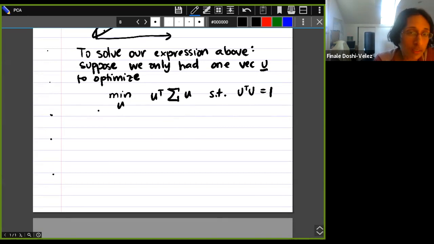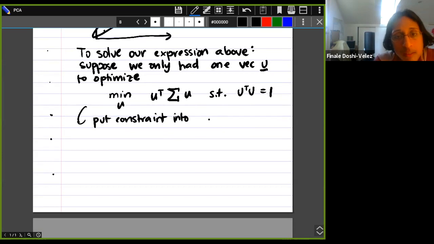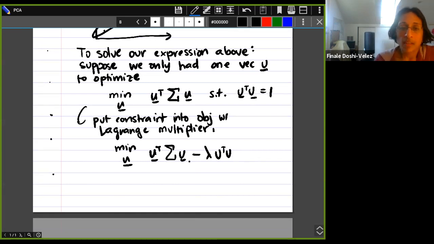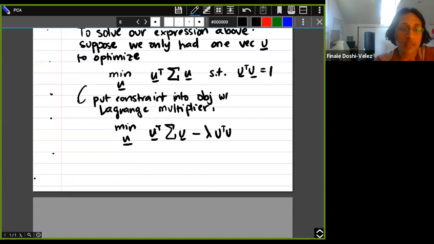Let's put the constraint into the objective with a Lagrange multiplier. And that's going to give us something that looks like min for this vector u. So now we have this expression that we want to solve for.